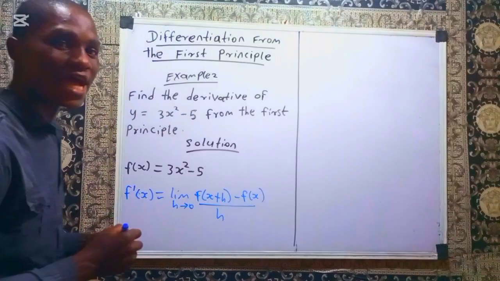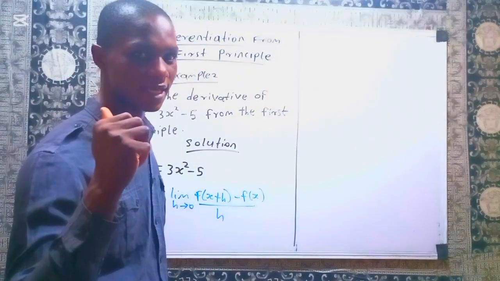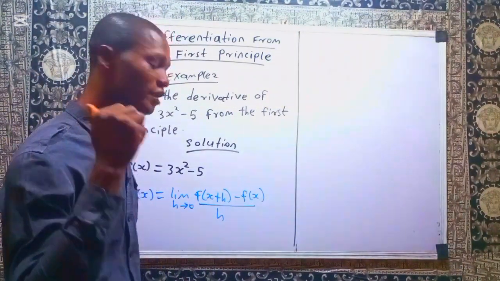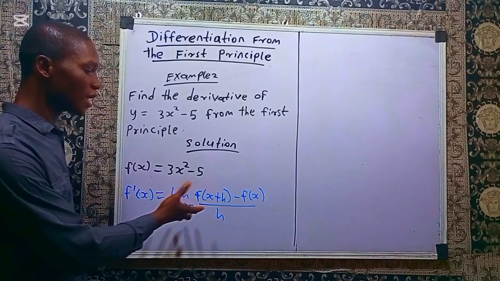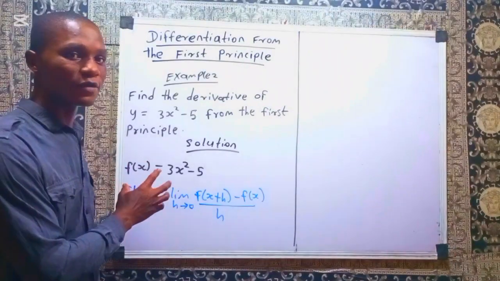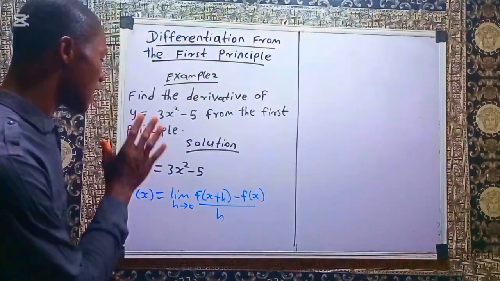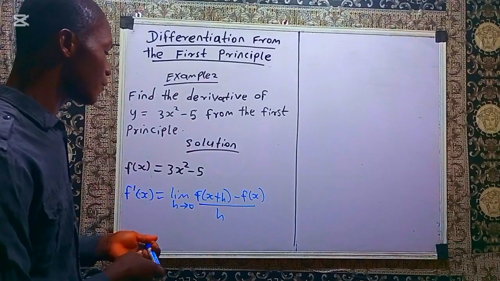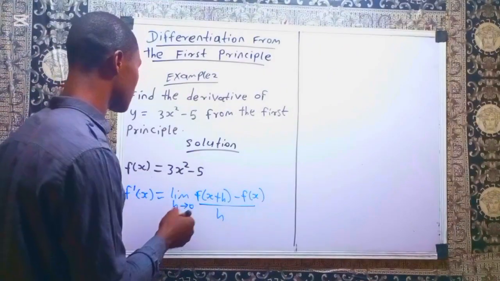This is the formula I gave you in our previous class. This is the formula for the derivative of a function from the first principle, and this is what we are going to follow to solve this.